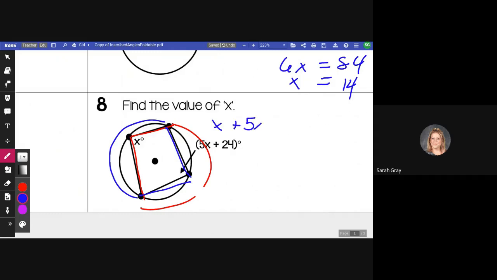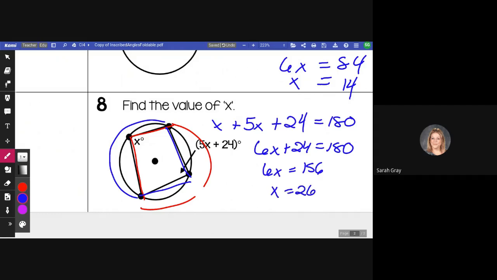But if we add the angles together, it's half of 360. Because the angle is half of the arc.